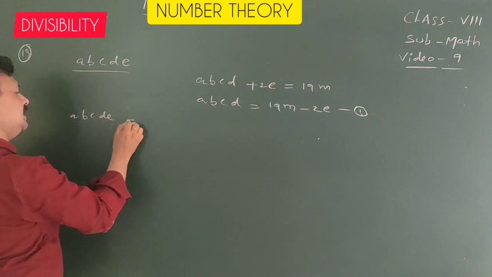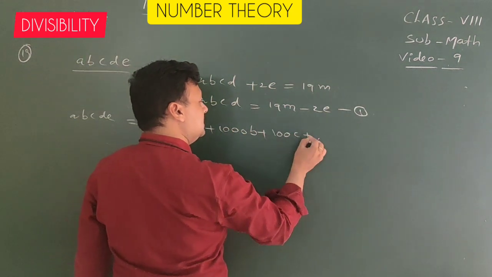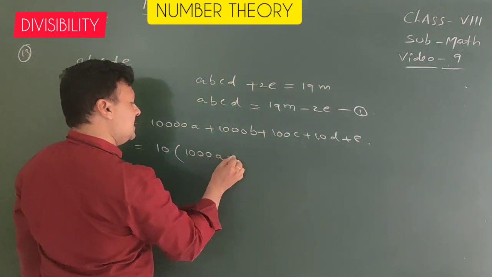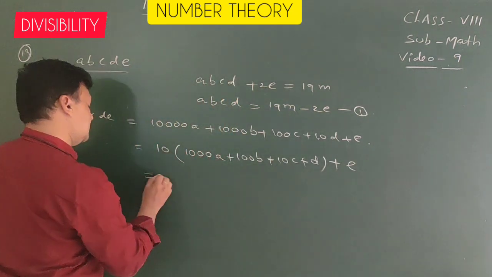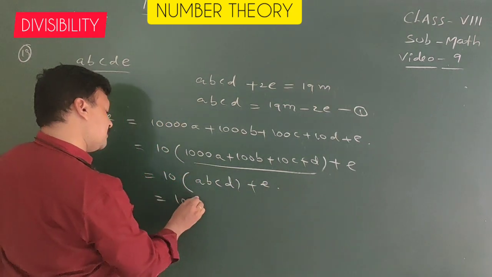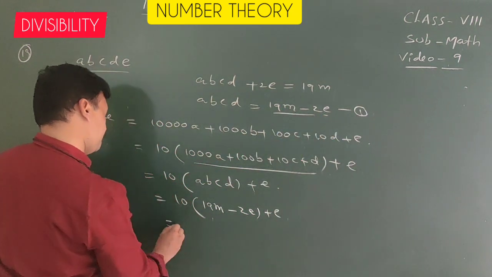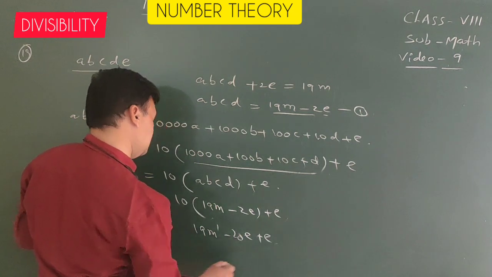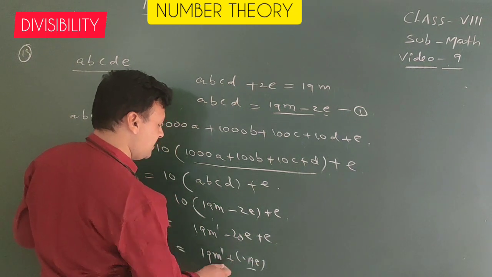If you expand ABCDE, you will get 10,000A plus 1000B plus 100C plus 10D plus E. If you take 10 common, 1000A plus 100B plus 10C plus D, plus E. Here 10 into ABCD plus E. With the help of the first equation we have a multiple of 19 minus 2E, times 10, plus E. Here the first one is a multiple of 19, minus 20E plus E. So the first one is a multiple of 19, and here minus 19E is also a multiple of 19 only.